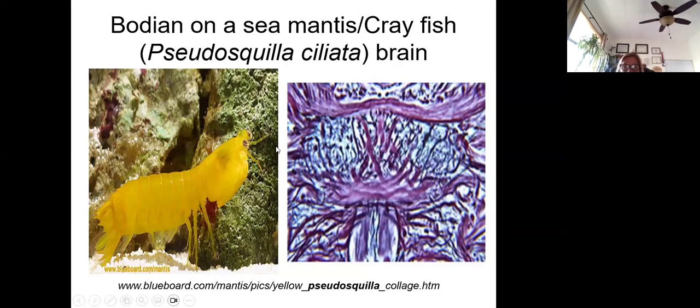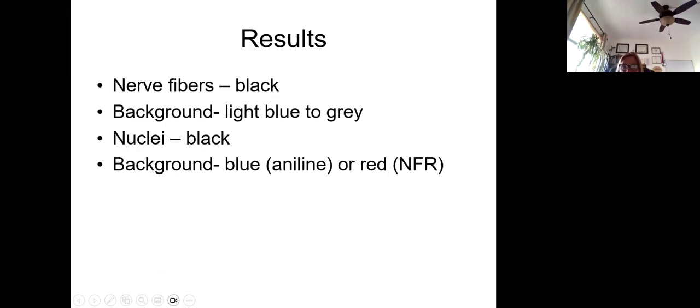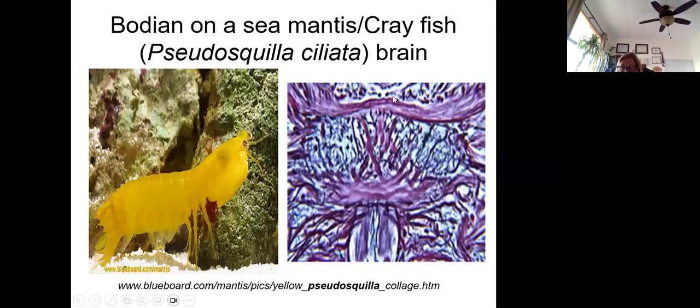So we have an interesting, so this is what it looks like here. Okay. So this is really cool. A lot of our brain research was done on crawfish, or sea mantis, whichever you prefer to call it.